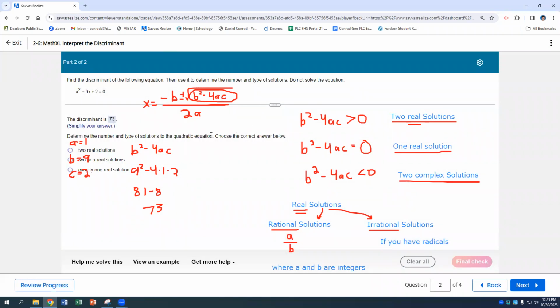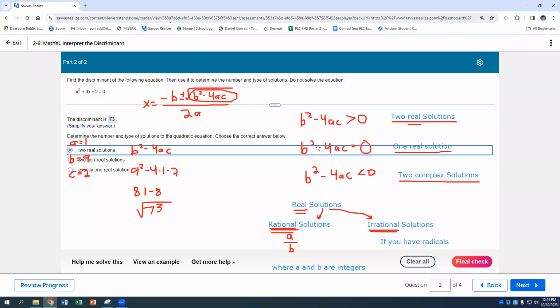Okay. Determine the type of solution. So we're going to take the square root of our discriminant. This is not a perfect square. If it was a perfect square, we would get rational solutions. Since it's not a perfect square, we're going to end up with irrational solutions. So it's going to be two real solutions.